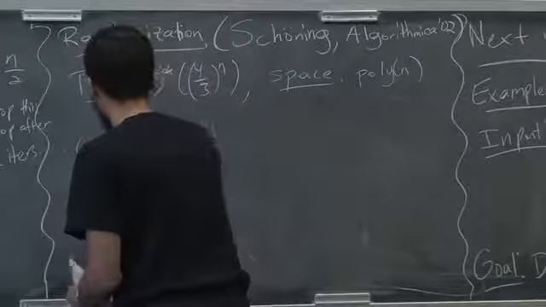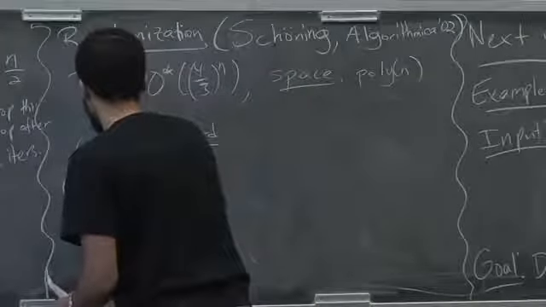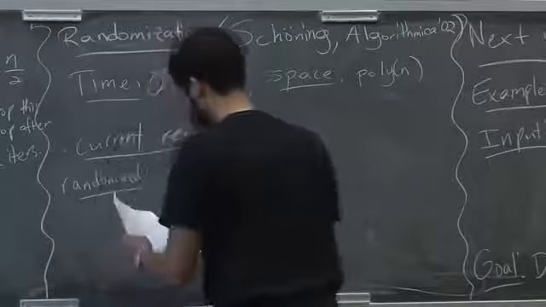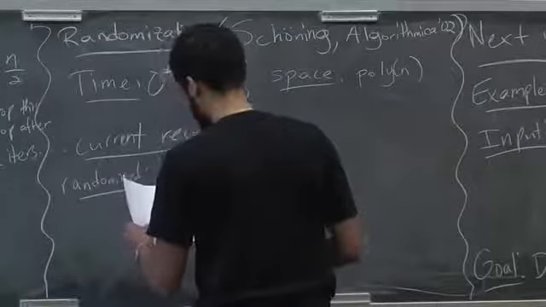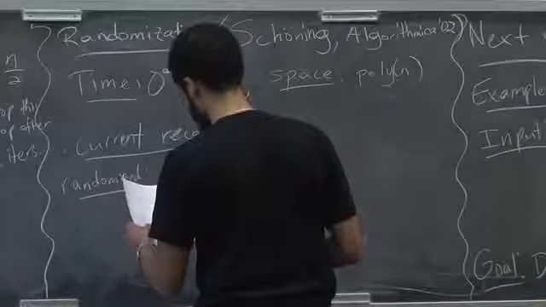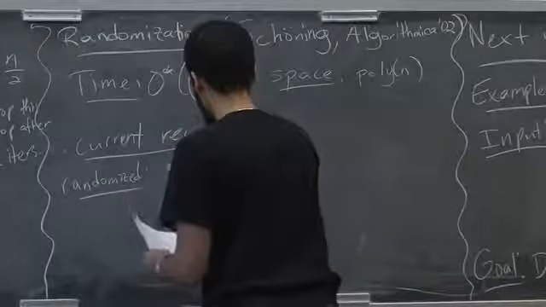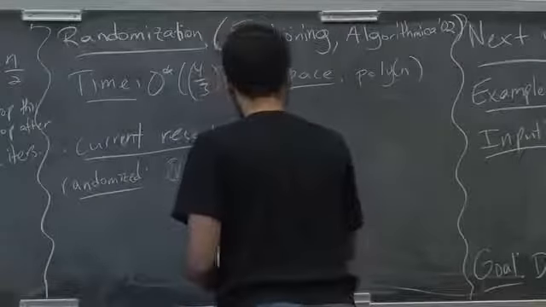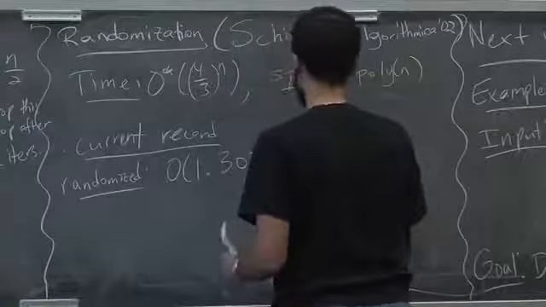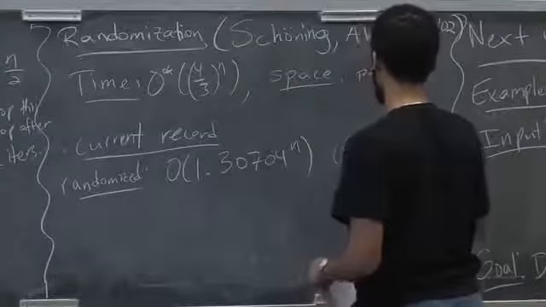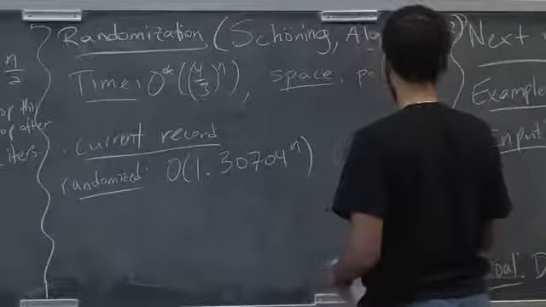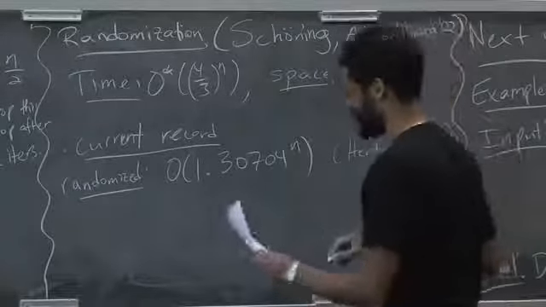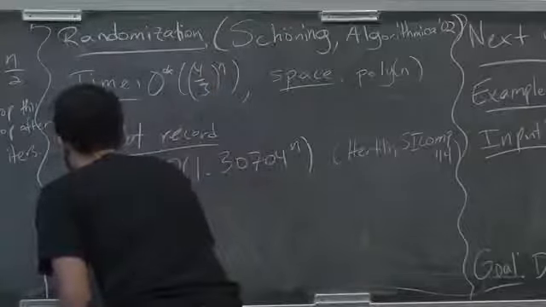If you're randomized, you can get time something like O to the 1.30704. This is Hertli, 2014.